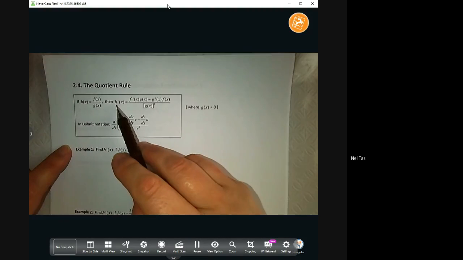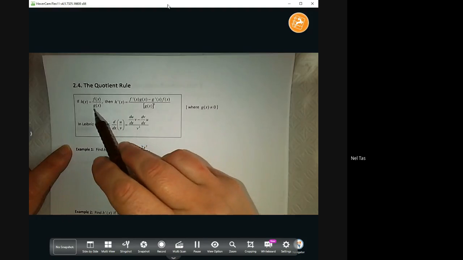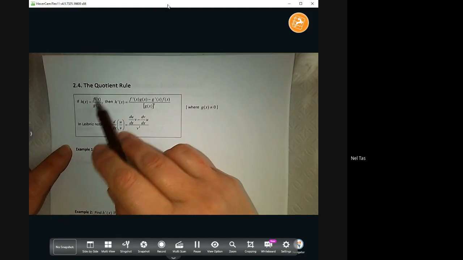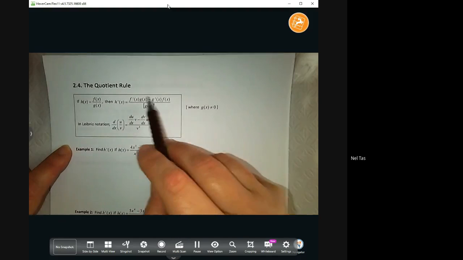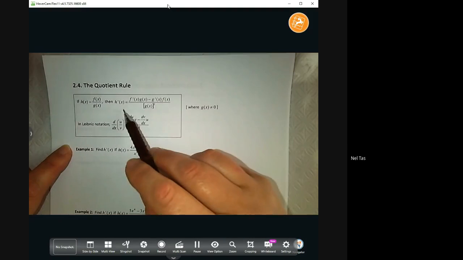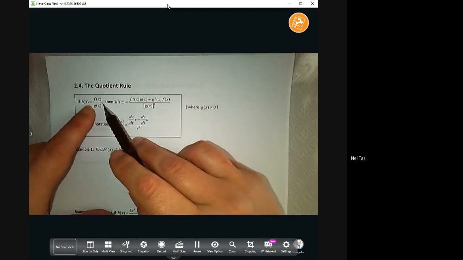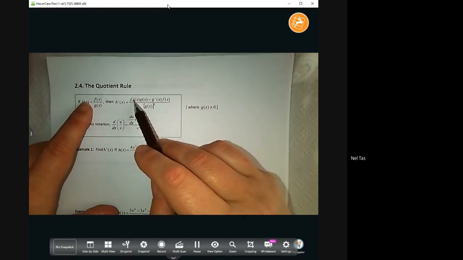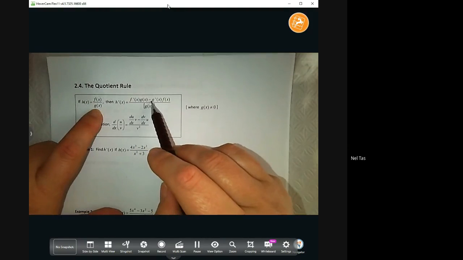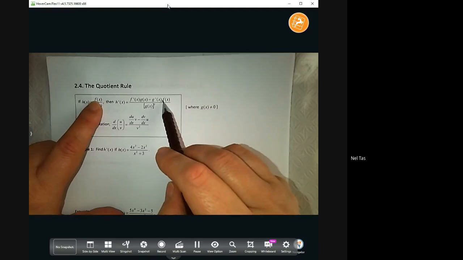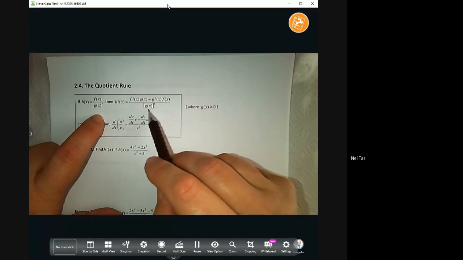Then when you take the derivative, we don't do h prime divided by g prime, okay? Instead, we use this rule, okay? So h prime is derivative of f times g minus derivative of g times f over square of the denominator, okay?